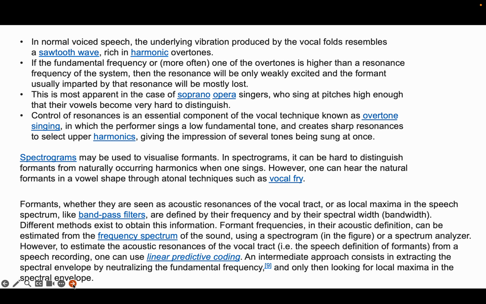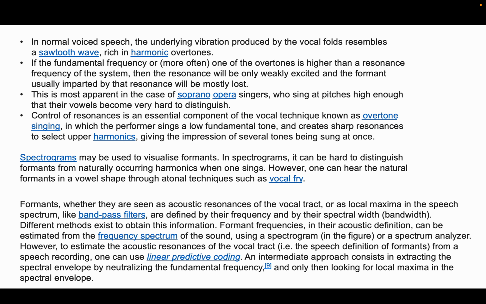Formant frequencies in an acoustic definition can be estimated from the frequency spectrum of the sound using a spectrogram or a spectrum analyzer. But to estimate the acoustic resonances of the vocal tract, you can use linear predictive coding. An intermediate approach consists in extracting the spectral envelope by neutralizing the fundamental frequency and then only looking for the local maxima in the spectral envelope.